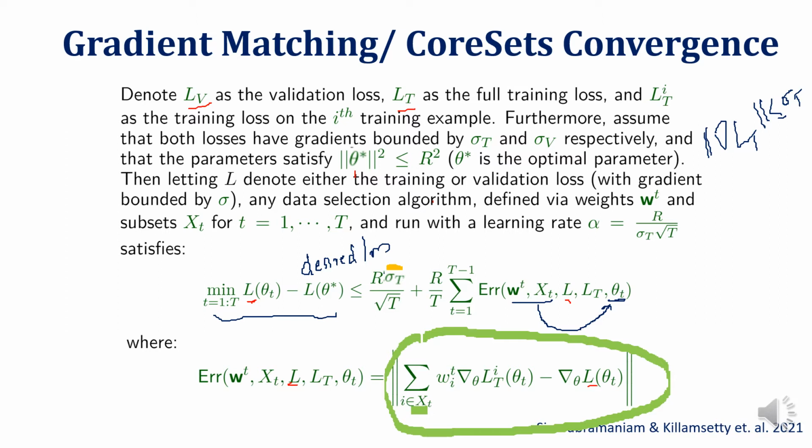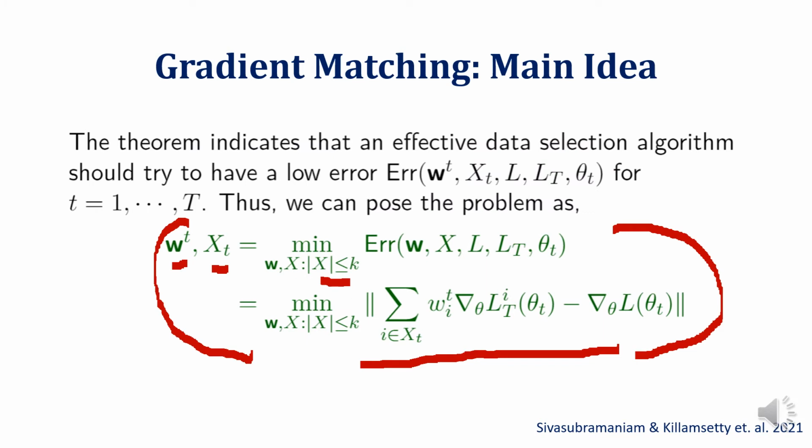So this is a very general recipe, and as we will see, for some interesting algorithms, the dot product between the training and the validation set gradients also becomes very important. The theorem indicates that an effective data selection algorithm should really try and have this error minimized.